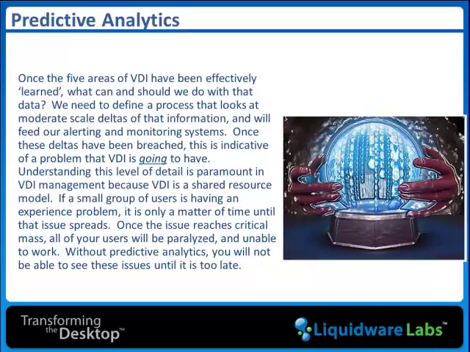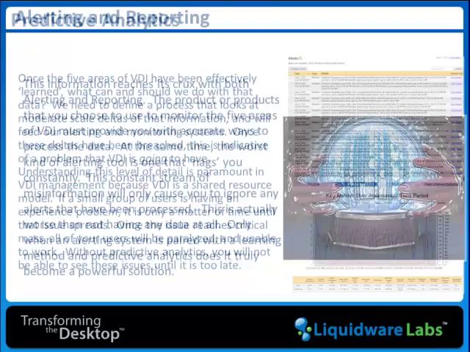So if 1 user, or 10 users, or 20 users start consuming a lot of IOPS, then you have no more IOPS to give to the rest of your thousands of users, then everybody views VDI as being slow. And that's a real problem because once this issue reaches critical mass, all of your users will be paralyzed and unable to work. So without predictive analytics, you'll not be able to see these issues until it's absolutely too late. This is a very, very large part of understanding how user experience metrics can have a long-term effect on VDI.